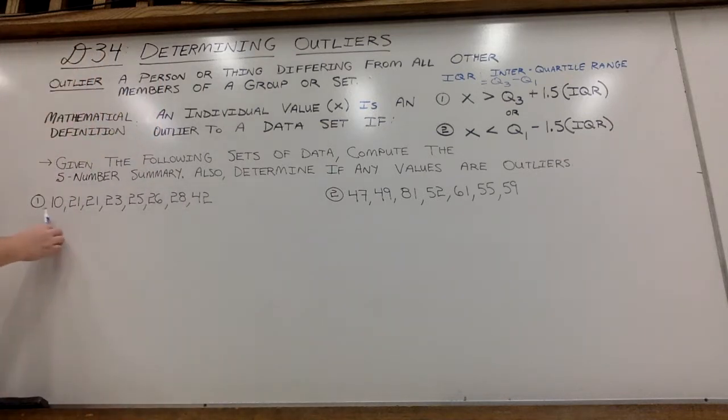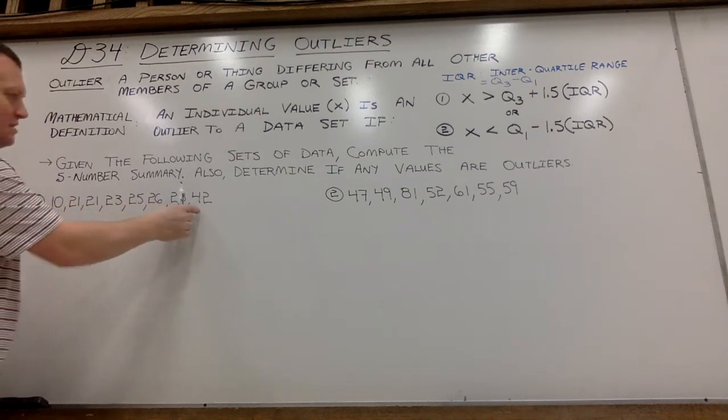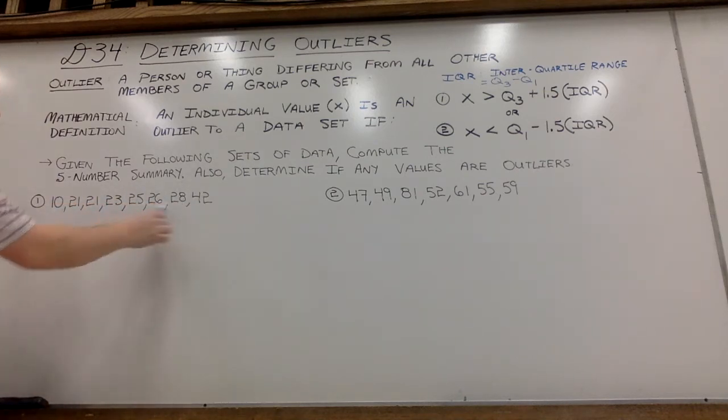So the nice thing about example 1 here is notice that all of the numerical values are in increasing order already. So I am going to, again, list the 5-number summary: minimum, Q1, median, Q3, and the max.